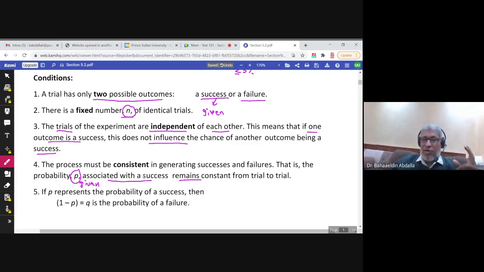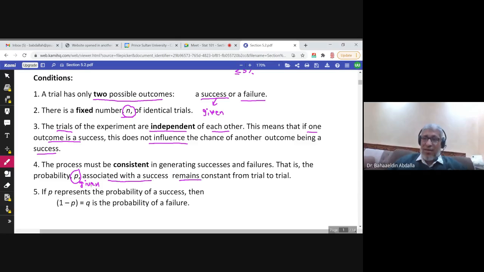So in any question about binomial distribution, three things must be given: the number of trials, the probability of success, and the success itself. What is the success? Which outcome is the success? And what is p, the probability of success? In tossing a coin, he will just say, toss a fair coin 10 times.